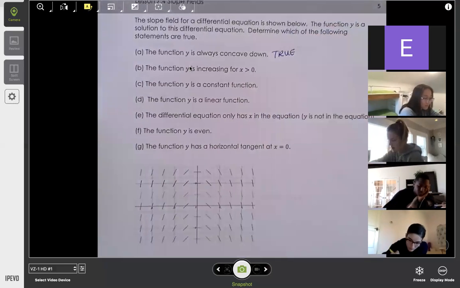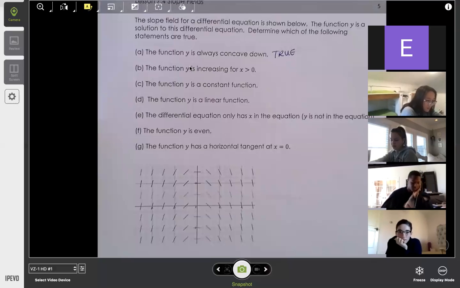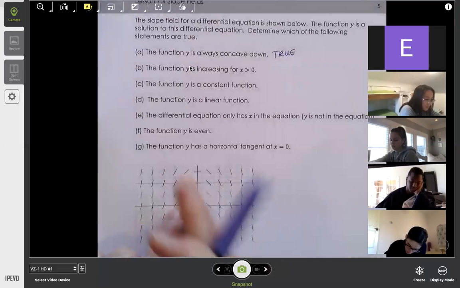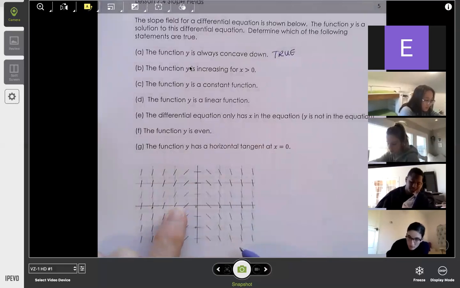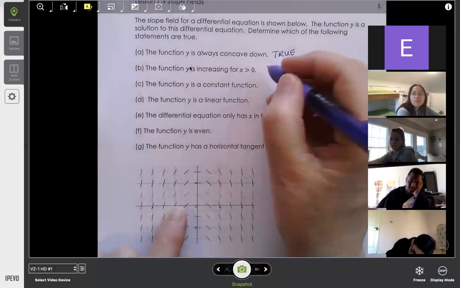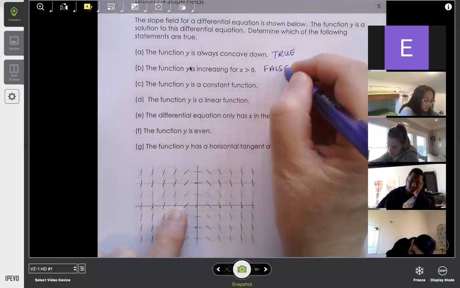The function y is increasing where x is greater than 0. Again, if I look on this side, x is greater than 0, does it look like the function is going to be increasing? Austin's shaking his head no. I would agree. Definitely looks like it's going to be decreasing.